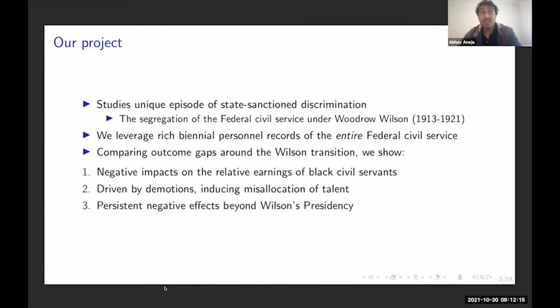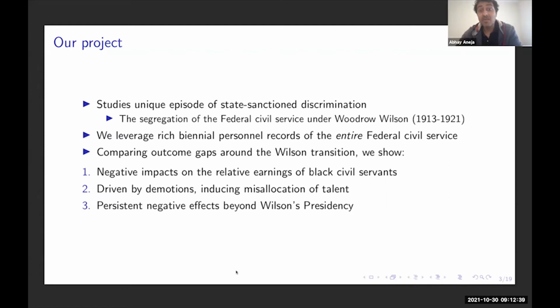And so this project is going to try and move the ball on these questions by showing three main things in the paper. I'll focus on one and three here. First, we're going to show that segregation of the civil service had a substantial negative effect on the earnings of Black American civil servants. Second, we think that these effects are mainly being driven by demotions of otherwise qualified Black Americans to other jobs within the government.